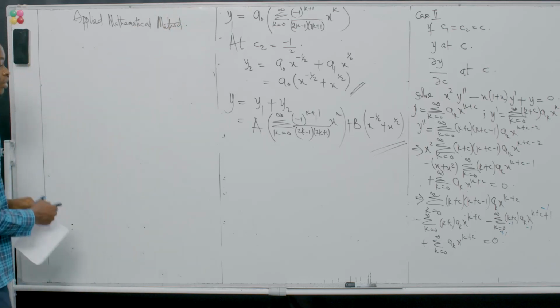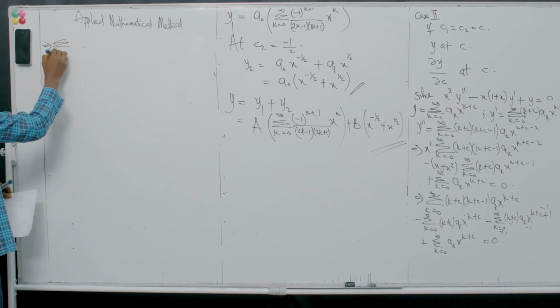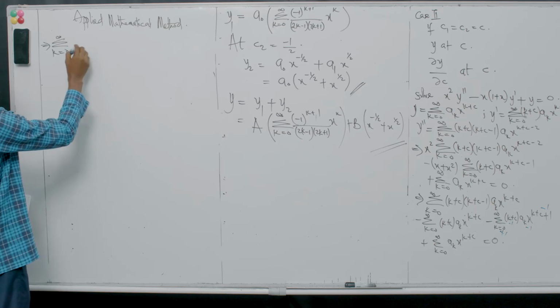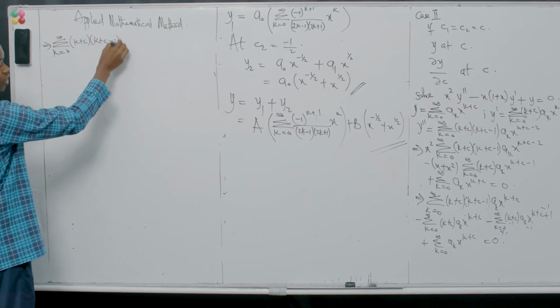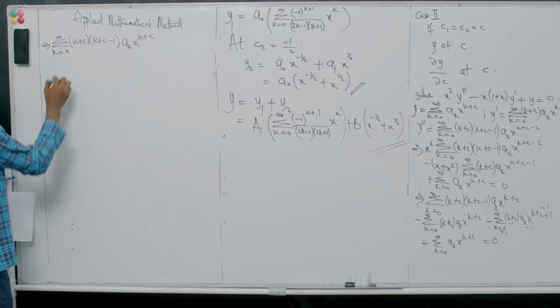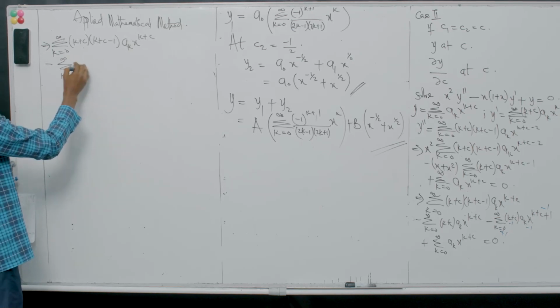So here we will now have summation k starting from 0 to infinity, (k plus c minus 1) ak x^(k plus c), minus summation k starting from 0 to infinity, (k plus c) ak x^(k plus c), we are good with this one as well.